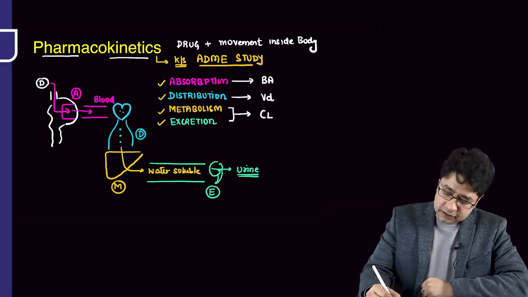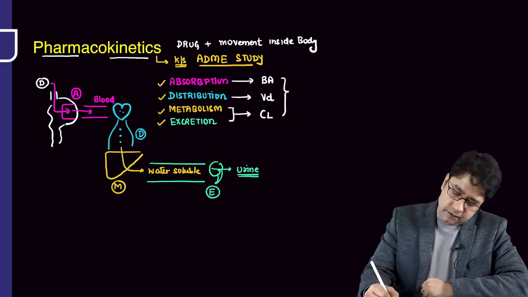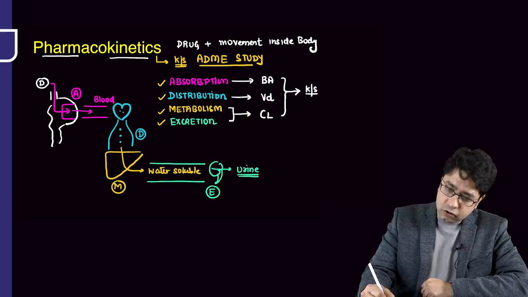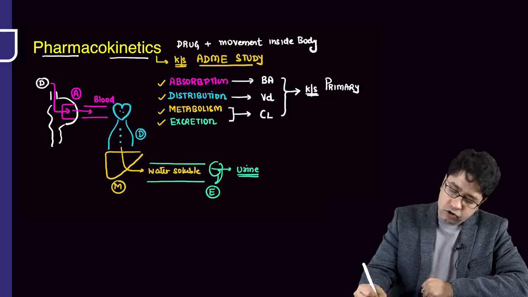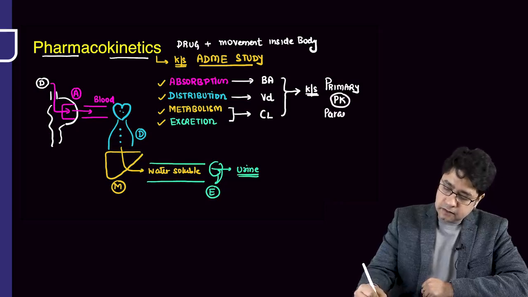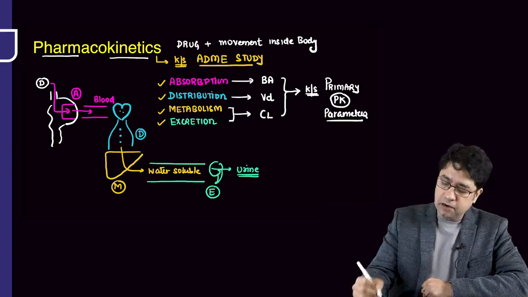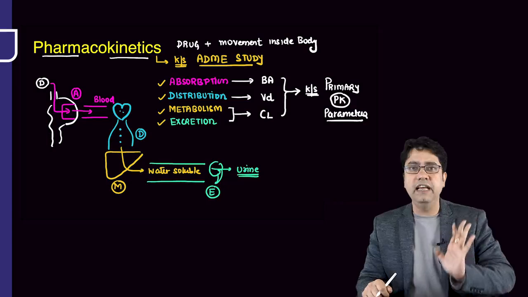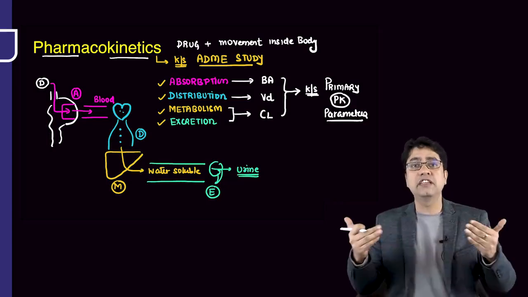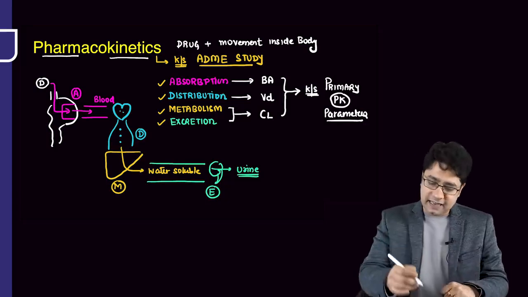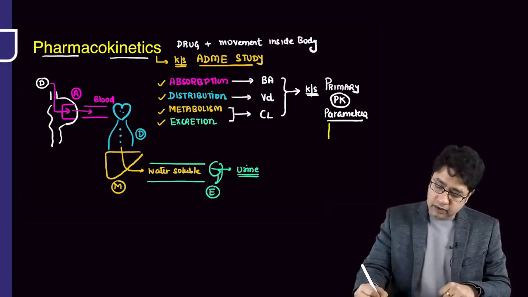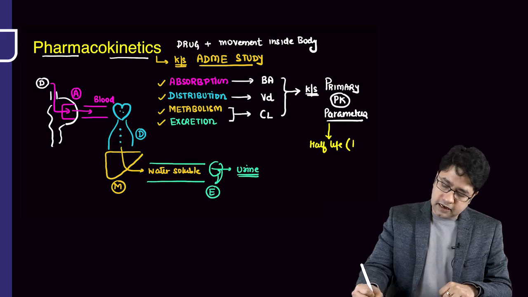Now these parameters, that is bioavailability, volume of distribution and CL, are known as primary pharmacokinetic or PK parameters. Now, from these three pharmacokinetic parameters, that is BA, VD and CL, we calculate every other parameter. Like from these parameters, we will calculate the half-life of a drug, T half.